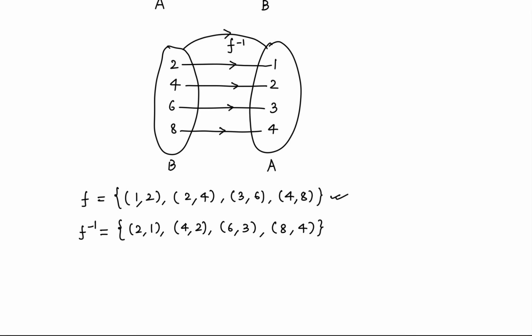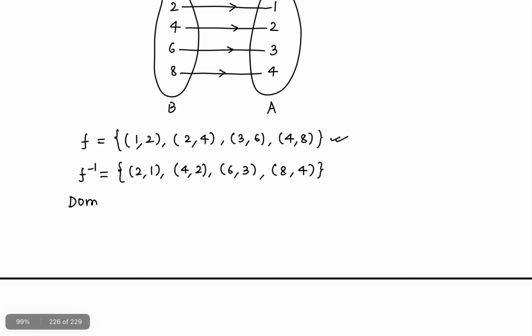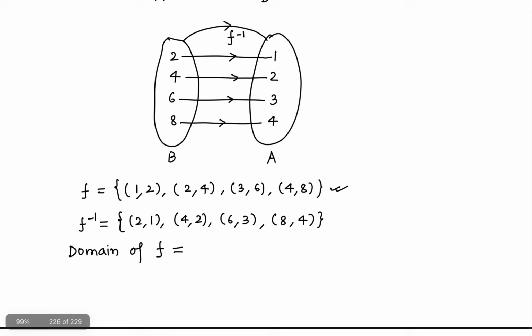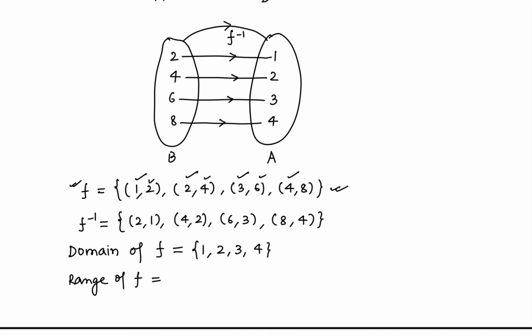So here we can see that the domain of f is equal to elements in set A, or we can say the first elements in ordered pairs of function f. So the domain of this function is 1, 2, 3, 4, and range of f is the second elements in ordered pairs. So the range of this function is 2, 4, 6, 8.